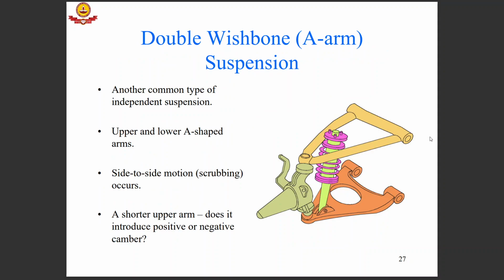The second one is called double wishbone or A-arm suspension. This one has an upper arm as well as a lower arm. This is susceptible to side motion called scrubbing.